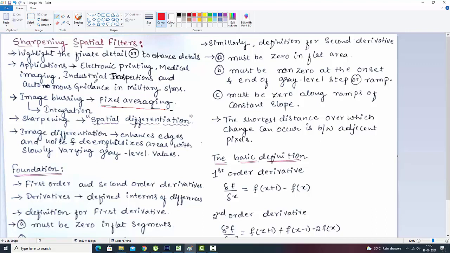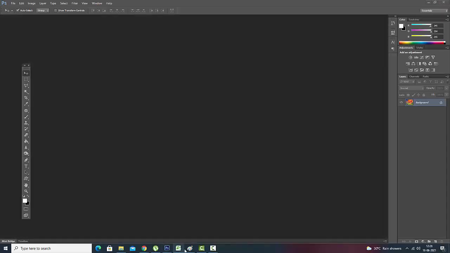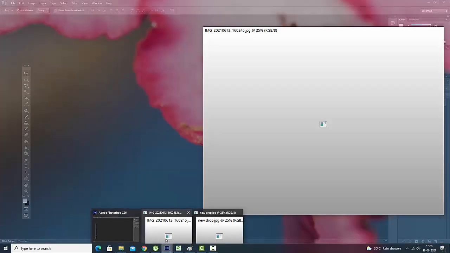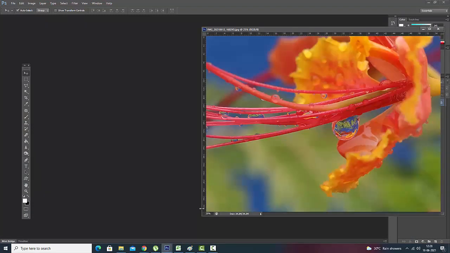and the other portion we leave as it is. Some portions are sharpened for visual effect, such as if I can show you, here are two images which can be seen on my Instagram also. This is an image where there is a water bubble. I try to enhance this image, that means I want to show this portion of the image only.